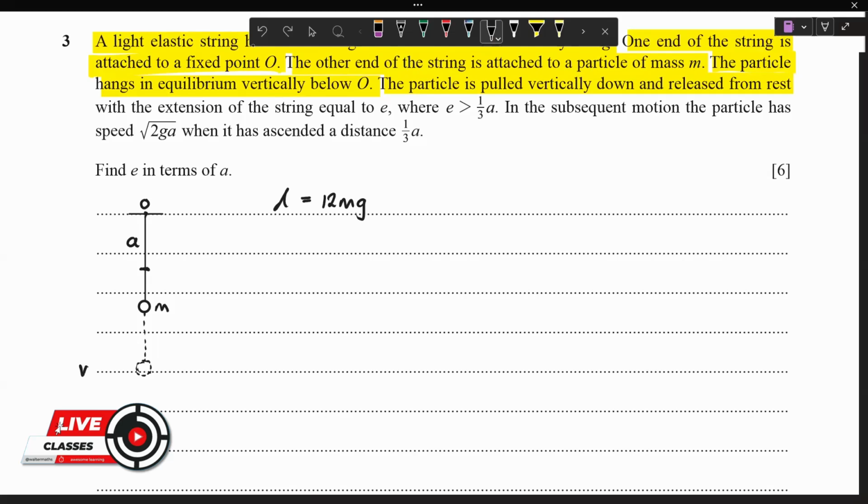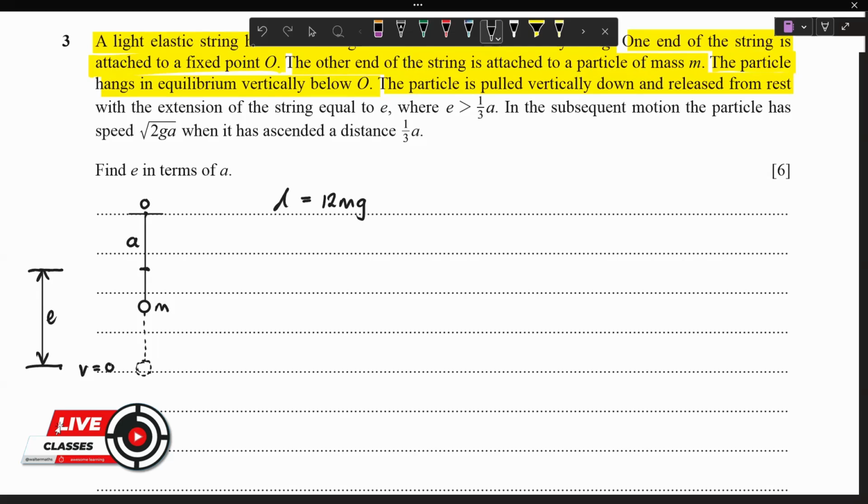So let me just say the speed at this point is 0, with the extension of the string equal to E. So the extension at this point, from here where its natural length is, down to this point where it is released from, we are being told is E.